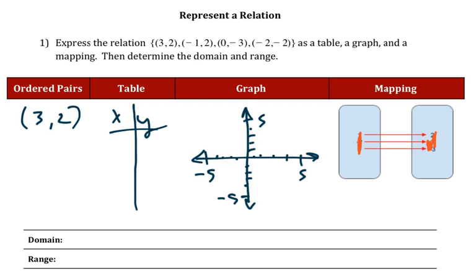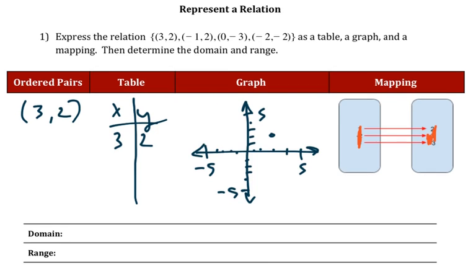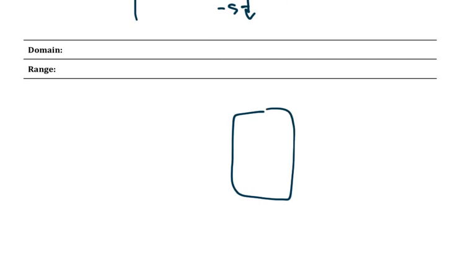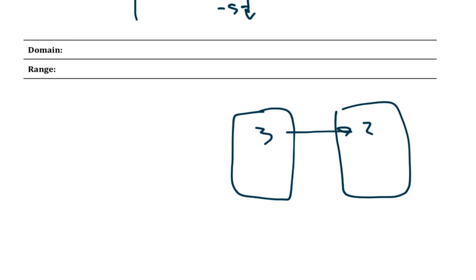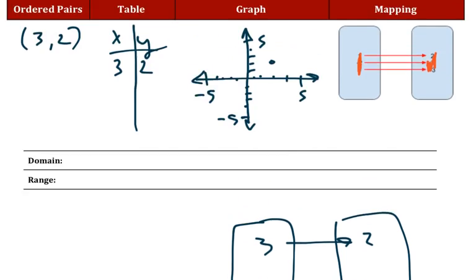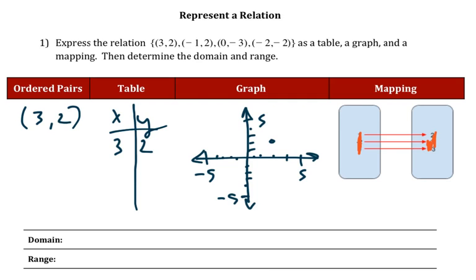So here's 3, 2. And then I'm over 3 and up 2. And then I'm going to ask you to do this on that space, but make it clear. I'm going to draw mine separately. So here's 3 mapping to 2. Here's -1, 2.